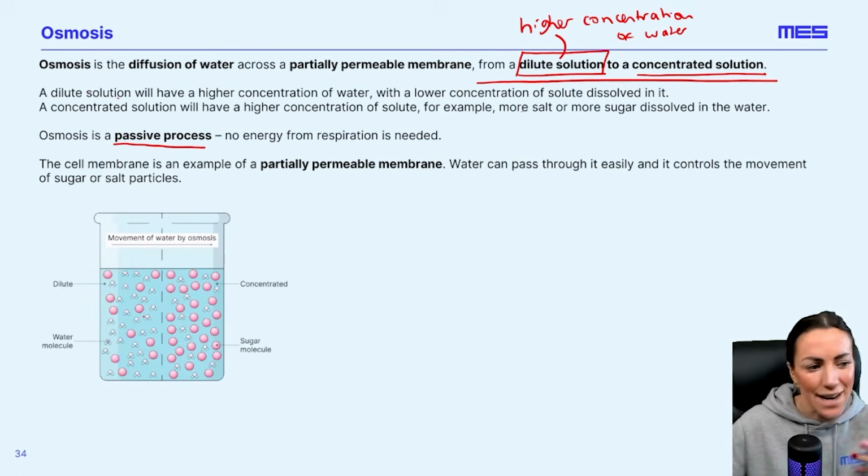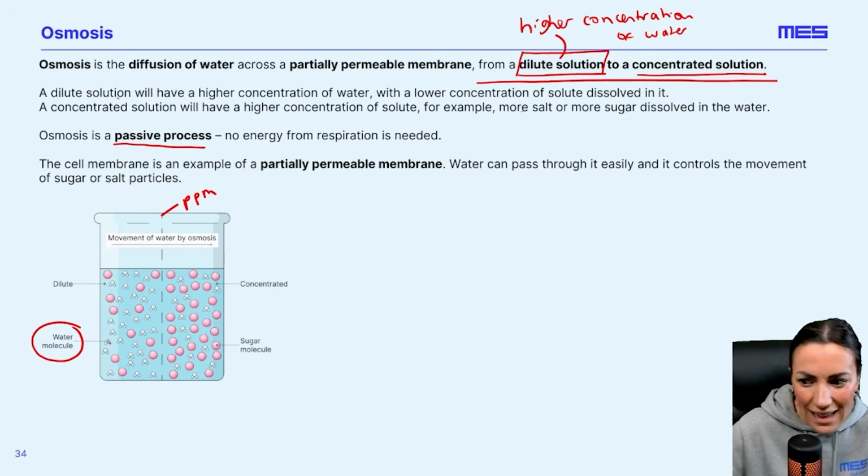So if we look at this kind of experiment here, we've got a partially permeable membrane in the middle. So we've got two different regions. Now, if you look over on the left-hand side, this is a dilute solution because you've got a higher concentration of water, and the little pink blobs, they are the solute, they are the sugar molecules.